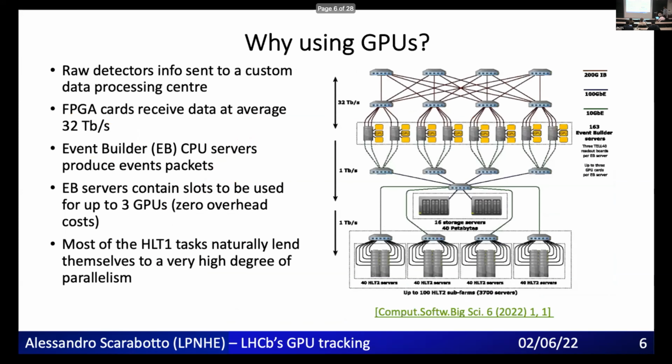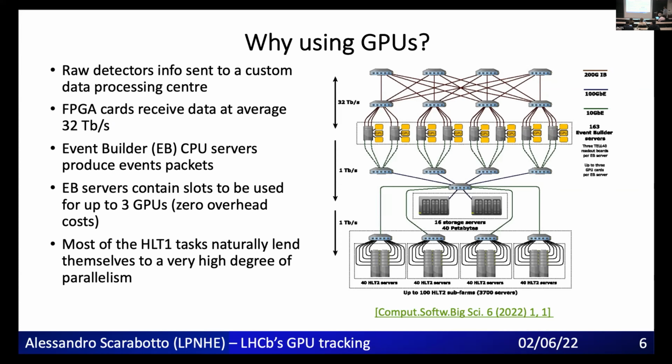So why use GPUs? To explain this, I need to show you how we take data in LHCb. We have raw detector info that is sent to our custom data processing center, which is actually FPGA cards that receive data at 32 terabits per second. Then we have what we call the event builder, which is in practice CPU servers that get this info and produce event packets.